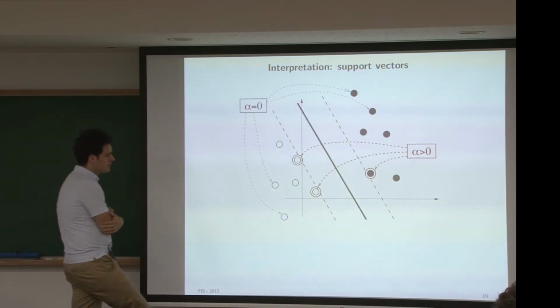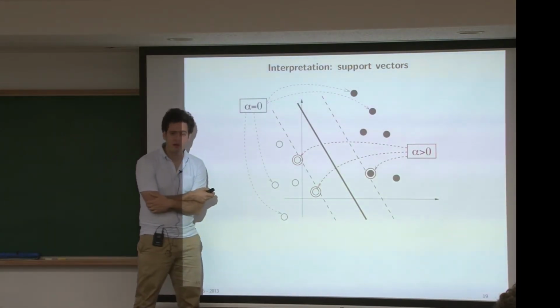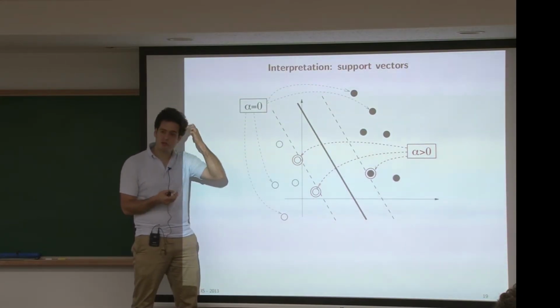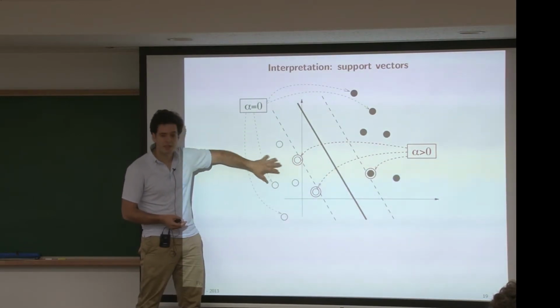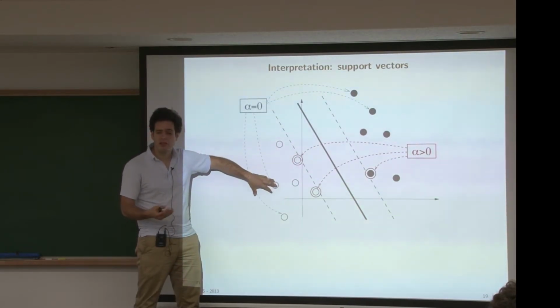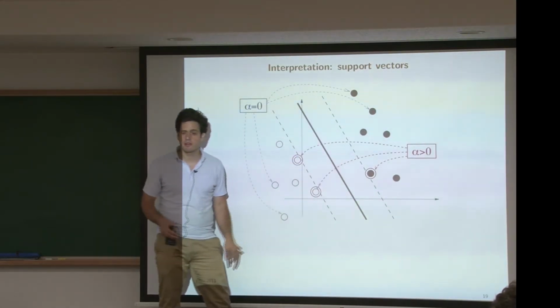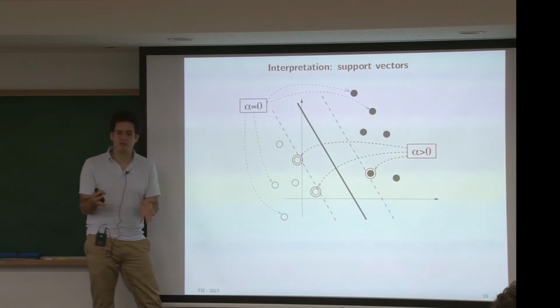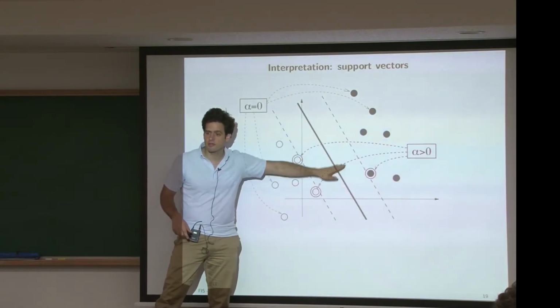Well, it makes a lot of difference because the solution to your SVM will not change if you move points which are outside of the tube. The only thing that really matters to compute the SVM are those points which are close to the hyperplane. So during the optimization phase, the SVM will detect those points which are borderline, which are support vectors, and will only use them to form the separating hyperplane.